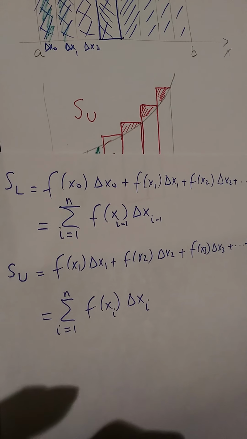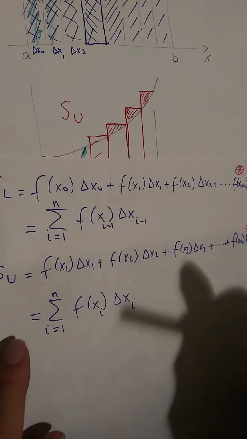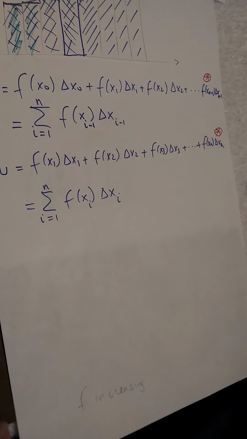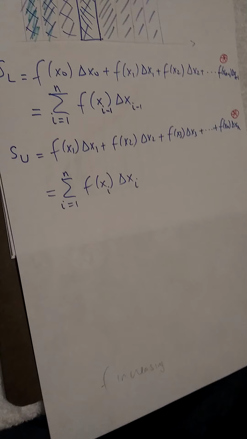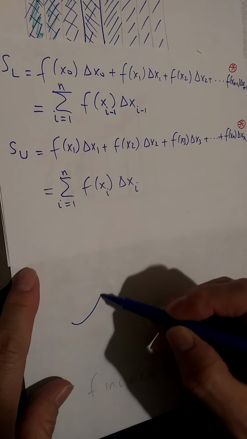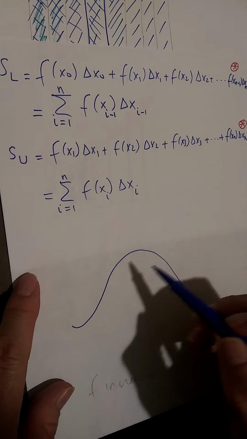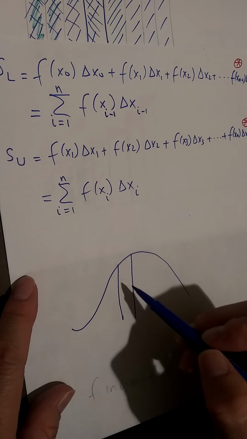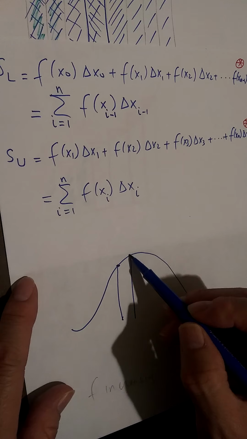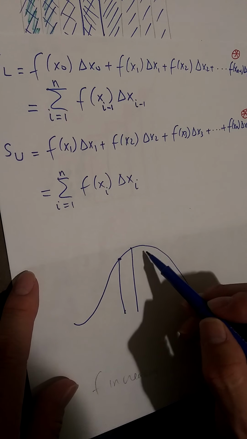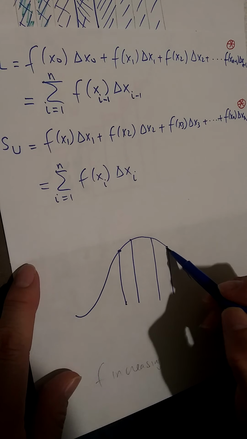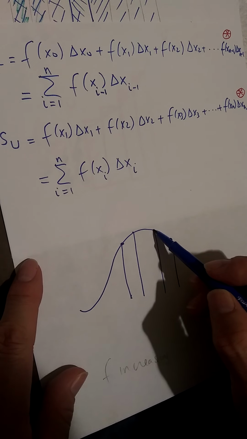Okay. The star means we're assuming that the function is increasing. Why is that? Okay, if the function is not increasing, if the function does this, and then it comes back, watch out. When you're doing a rectangle here, the lowest point is here, the highest point is here. But when you're on this side, the lowest point is this one and the highest point is this one.